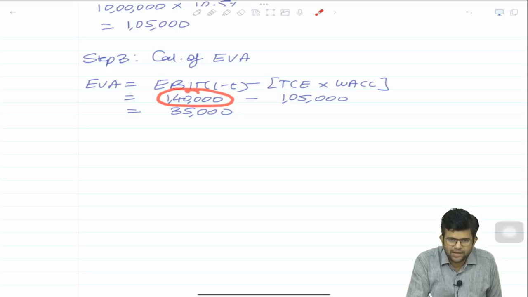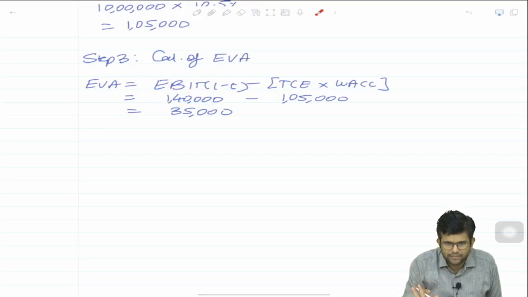Because if I take the tax saved by interest, I will be paying less tax. If I am paying less tax because of interest, the final profit should slightly increase by that much amount. Everyone clear?